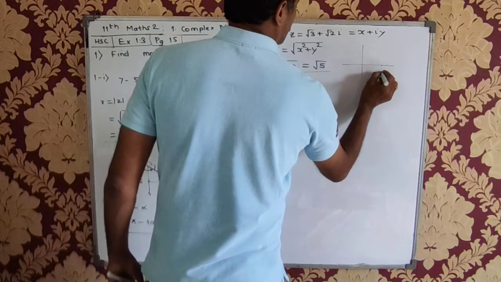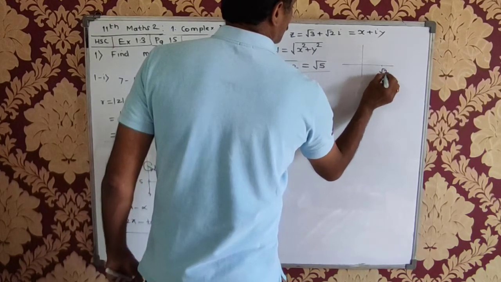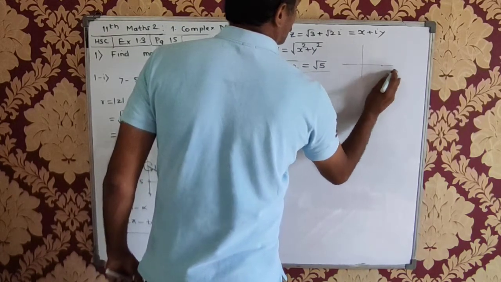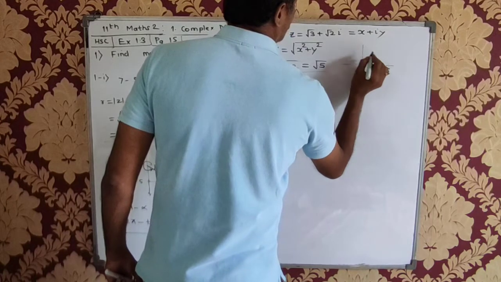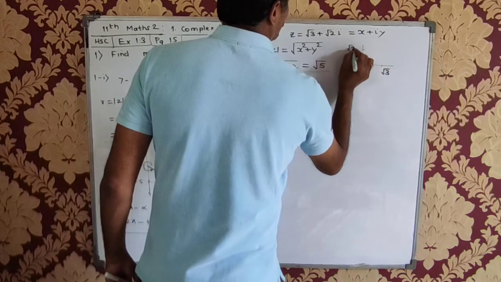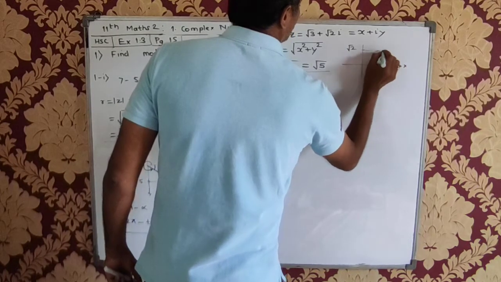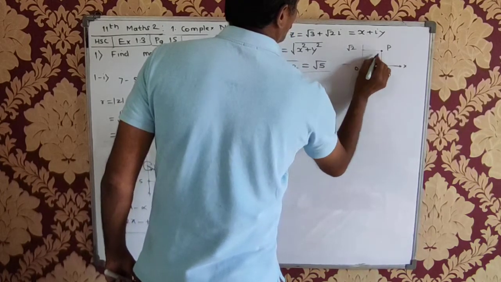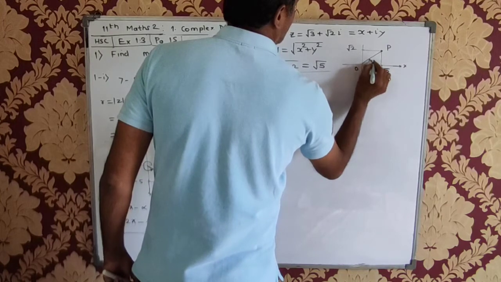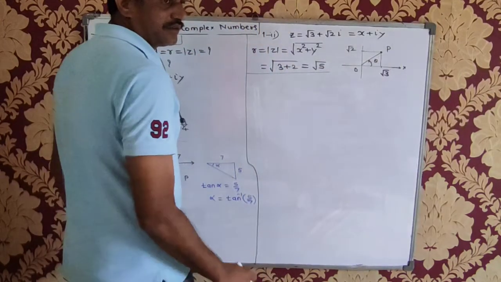Root 3 and root 2. This is point P, this is O, and this is theta.